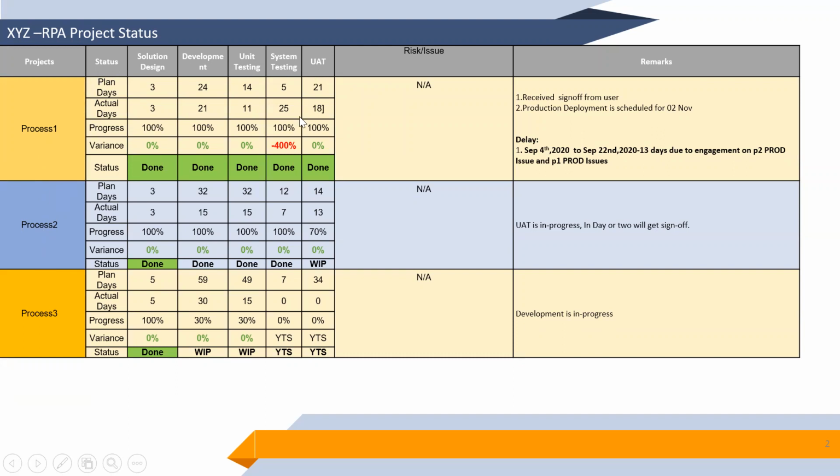This is the project plan. You can give here the planned days for each and every task, what actual days you have worked, what the progress is, what variance you have got, and the status of each and every phase.